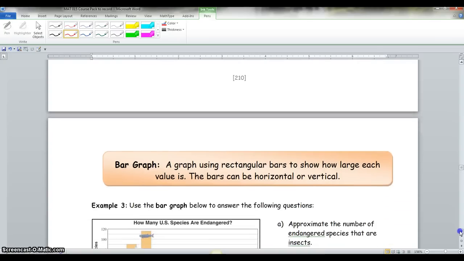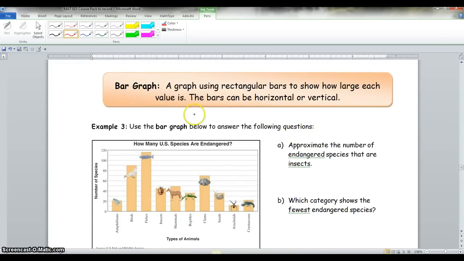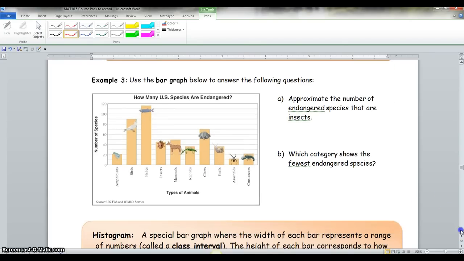Now it says a bar graph. A graph using rectangular bars to show how large each value is. The bars can be horizontal or vertical. Use the bar graph below to answer the following questions. Now, let's take a look here. It says how many U.S. species are in danger? It says approximate the number of endangered species that are insects.